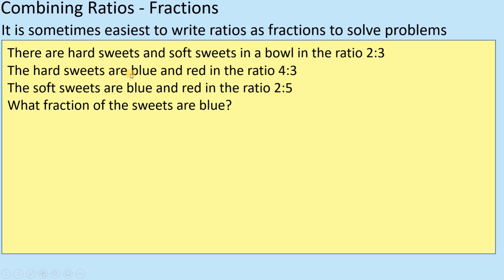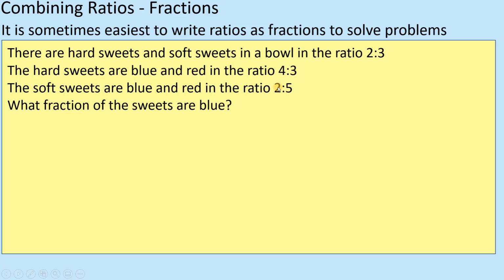If we're looking at blue and red, specifically talking about hard sweets, it's 4/7. Again, we're looking at the total parts here because there are 7. 4/7 of the hard sweets are blue, and 3/7 of the hard sweets are red.